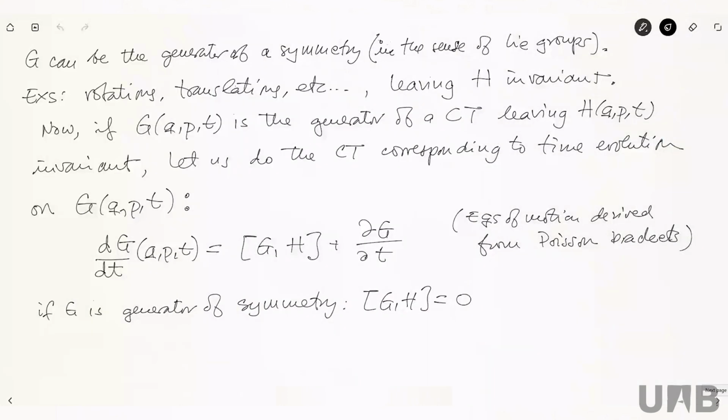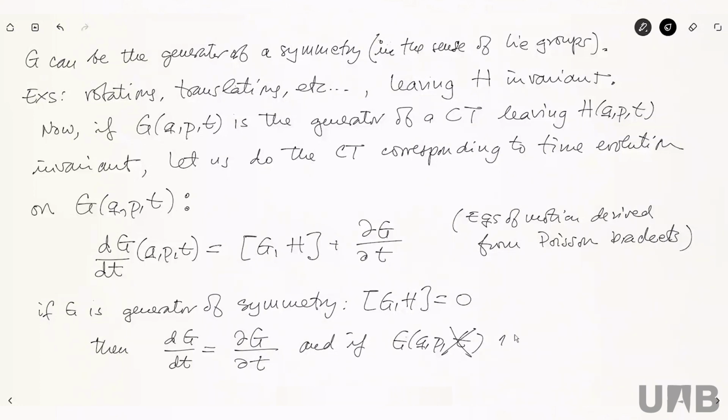But if the Poisson bracket with H is 0, then the derivative of G with respect to T is nothing but the explicit time derivative of G with respect to T. And if G of Q, P, and T does not depend explicitly on time, it is a constant.